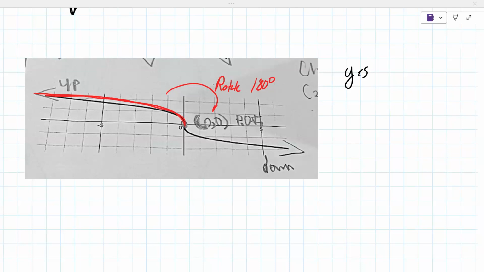Yes, it is. Yes, that's correct. All right, so let's take a look at a couple more graphs.